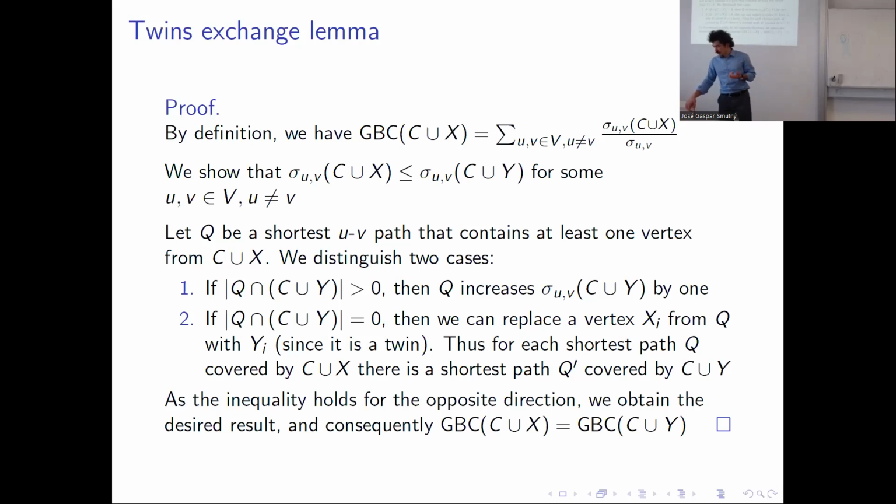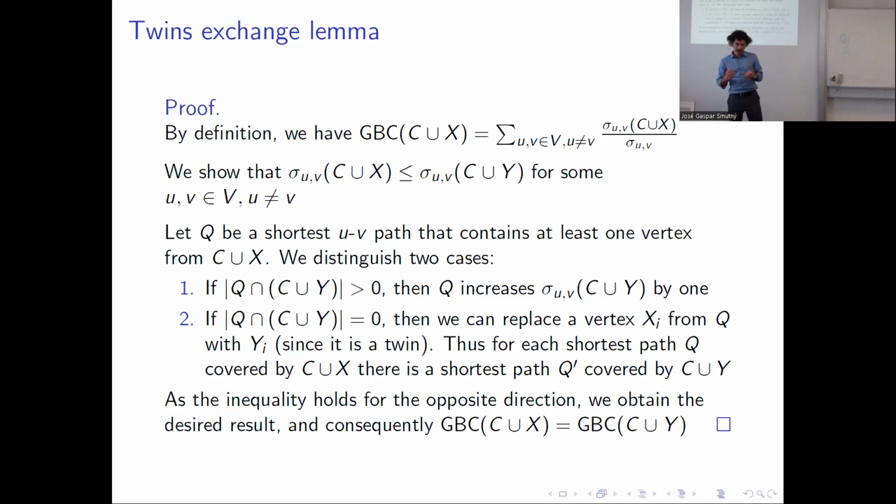Now, how do we show this? For any vertices U and V, consider a path Q, a shortest path between U and V, with at least one vertex from C union X. We know that this shortest path is covered by C union X, and we wish to show that the number of shortest paths covered by C union Y is at least as large.